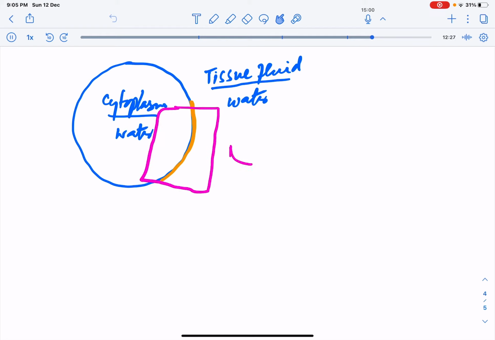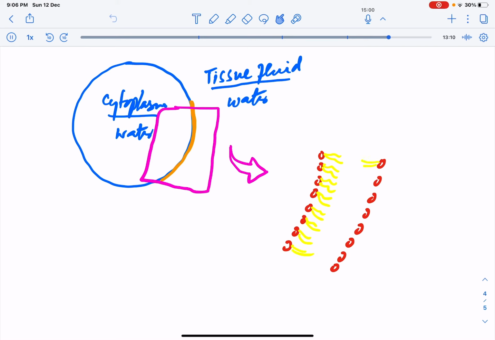If we enlarge this structure and view it under an electron microscope, we can see the phospholipids are arranged in a bilayer. They are arranged in such a way that their polar heads are outwards, facing towards the tissue fluid and towards the cytoplasm, whereas their tails are facing towards each other.